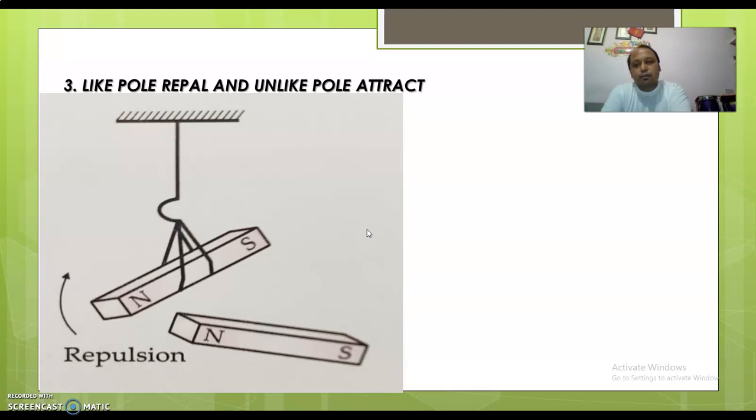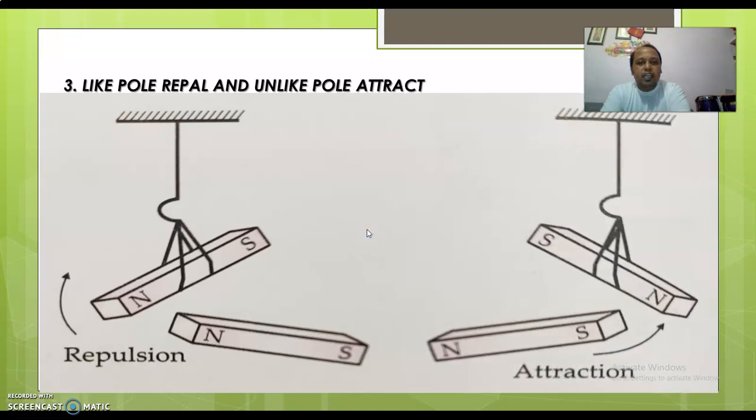But when we consider unlike poles, if the south pole is brought near the north pole of another magnet, then there will be an attraction. So this attraction shows that unlike poles attract each other, same as positive and negative charges attract each other. So I hope this point is also clear.